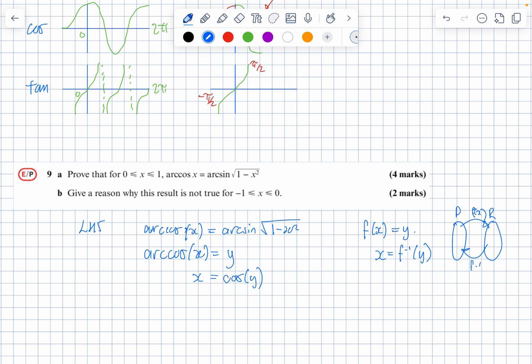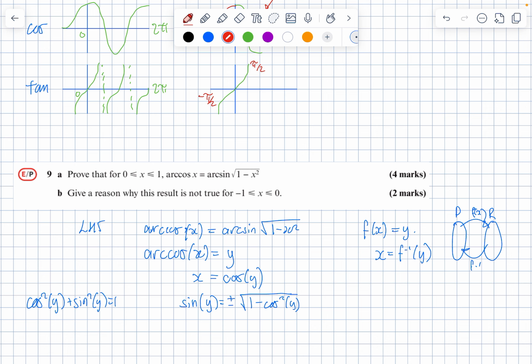We'll use our favourite identity, that cos squared of y plus sine squared of y equals 1. So then I can say that sine of y is equal to plus or minus the square root of 1 minus cos squared of y.